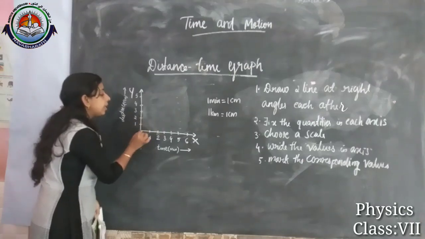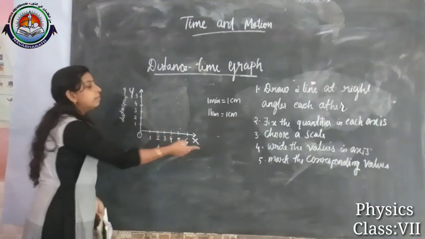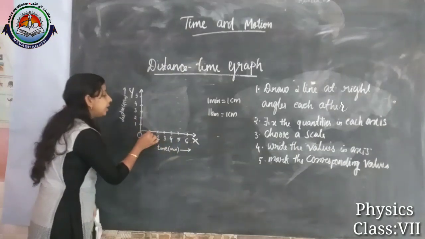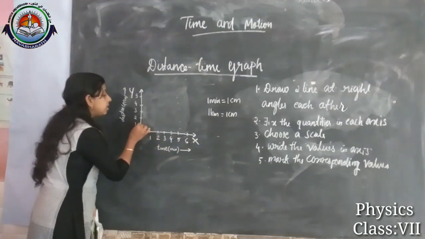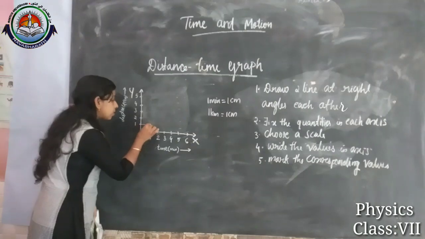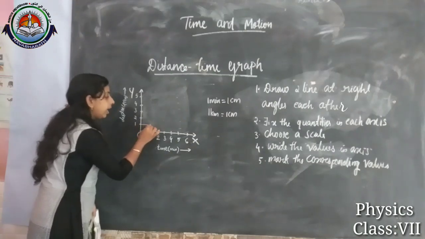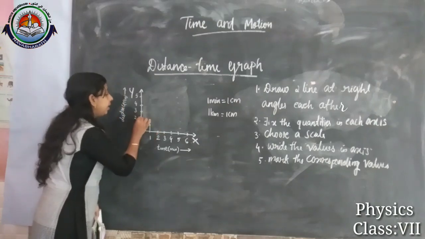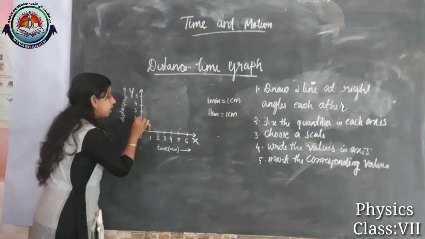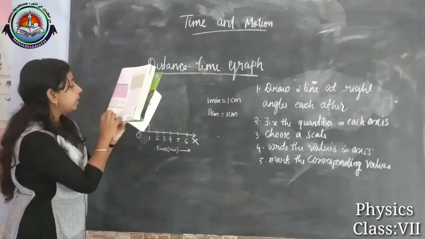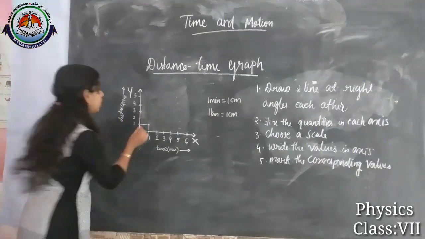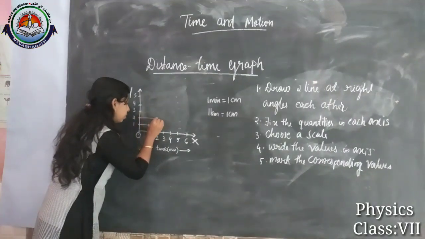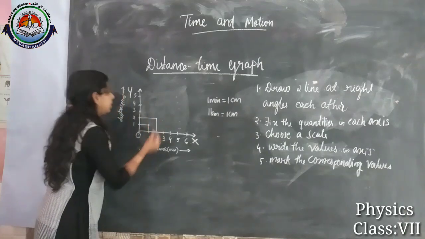Okay, then we can mark the corresponding values. When the time is 1 minute, the distance covered by the object is also 1 kilometer, right? And this intersection we can mark with a dot. And here 2 minutes it covers 2 kilometers. So here also we can write 2 minutes.